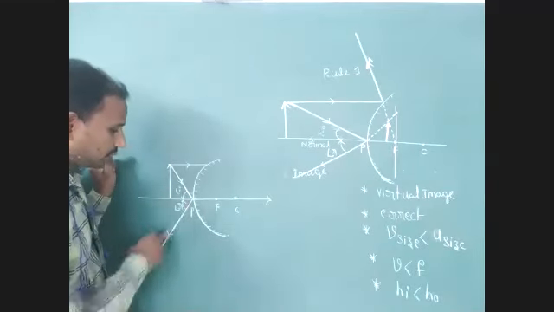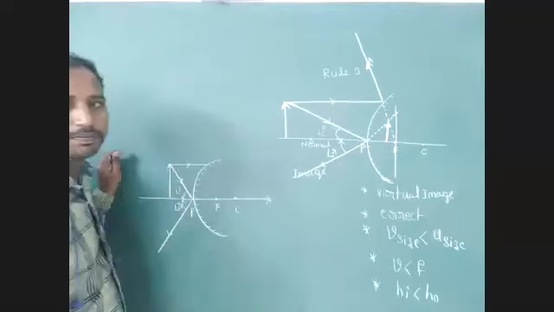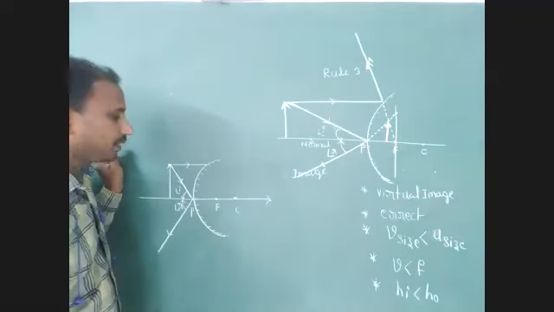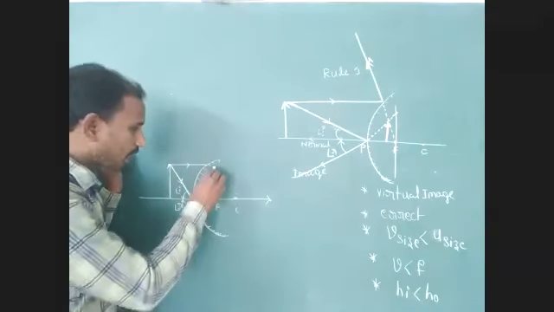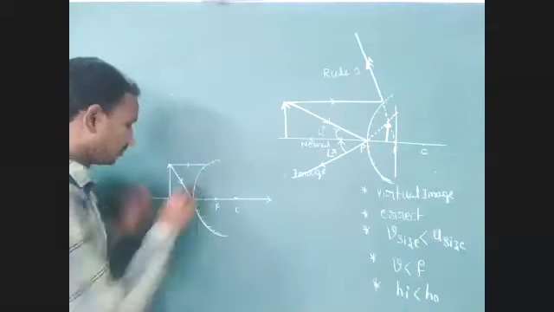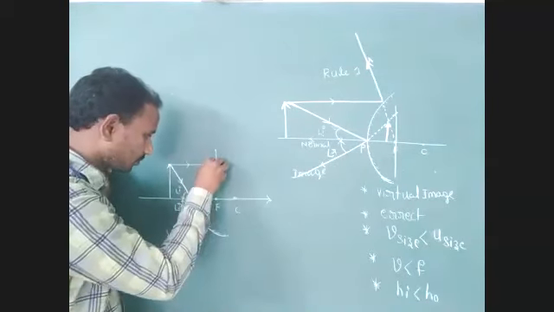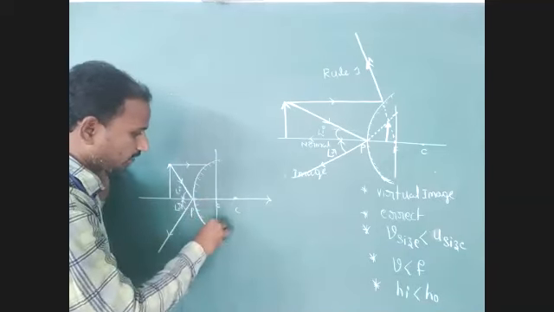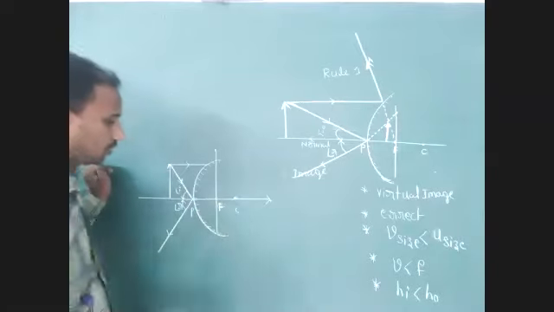Okay, for this reflected ray, we want to explain with the help of one perpendicular reference line. That perpendicular reference line is passing through principal focus. We have to draw this perpendicular line. Okay, exactly, it is passing through principal focus.